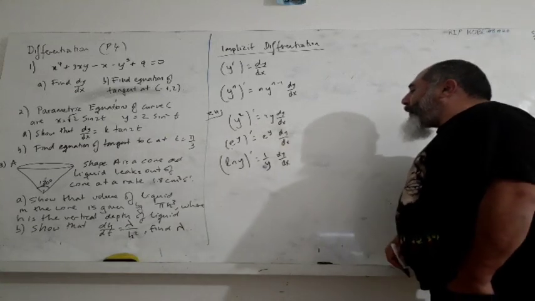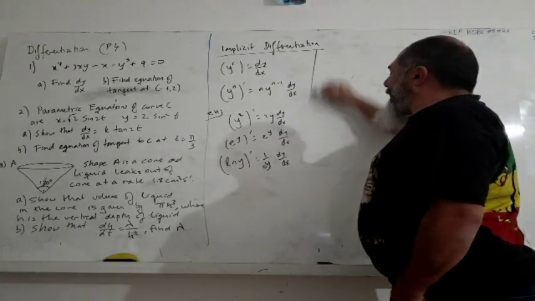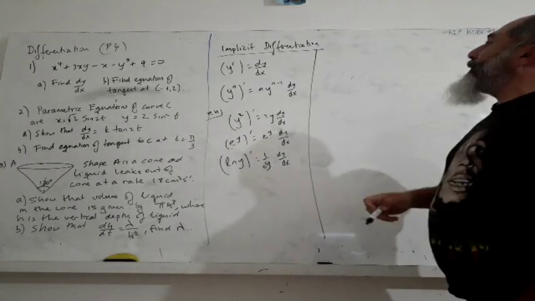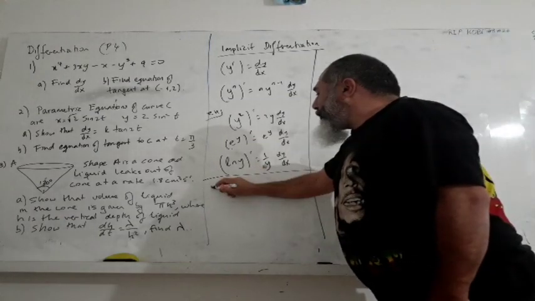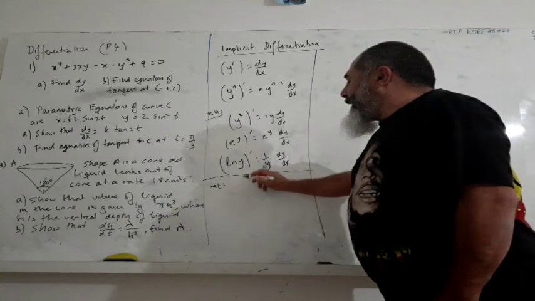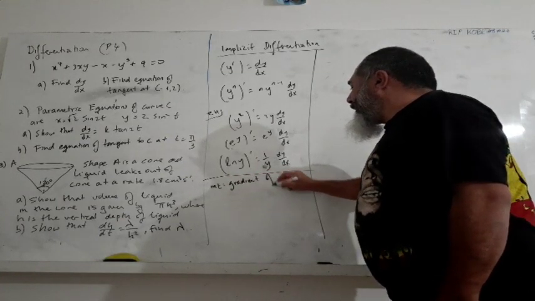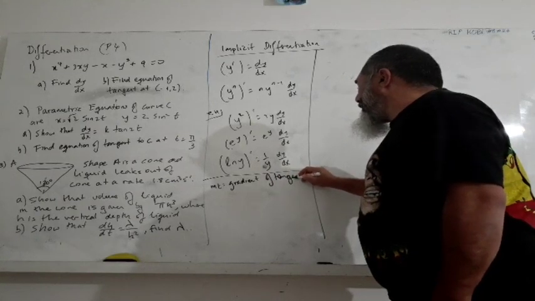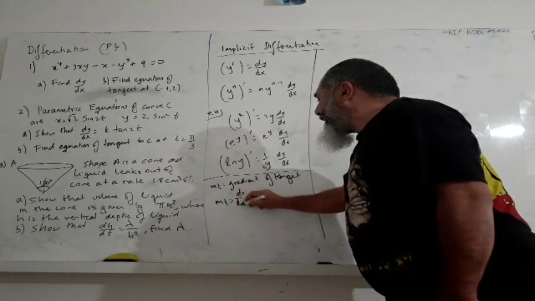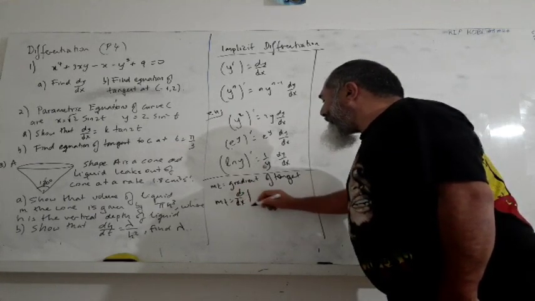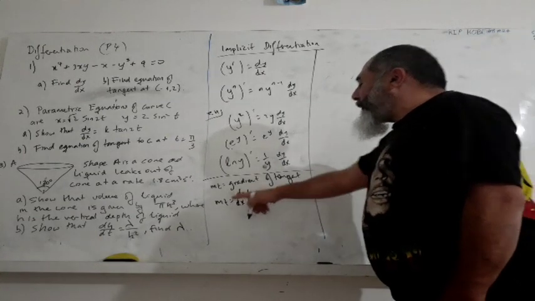So let's do an example. Before that, let me remind you that to be able to find the gradient of tangent line for any curve, we have to take dy over dx and substitute x value or t value or y value in m tangent in dy over dx.